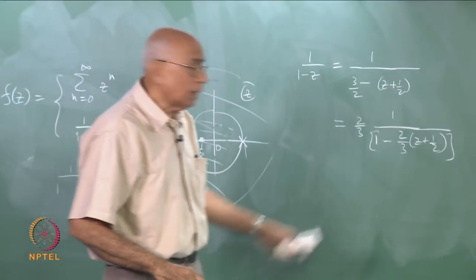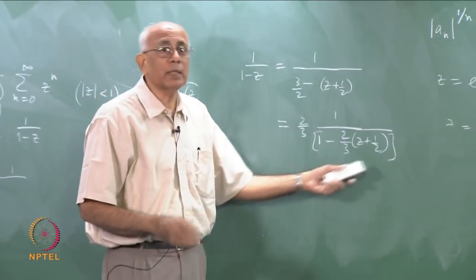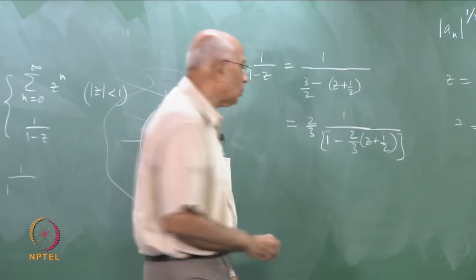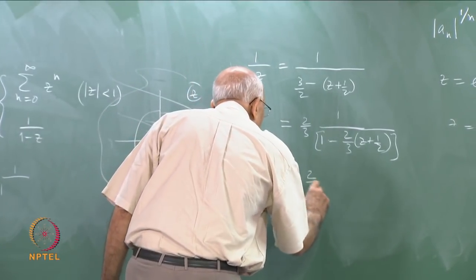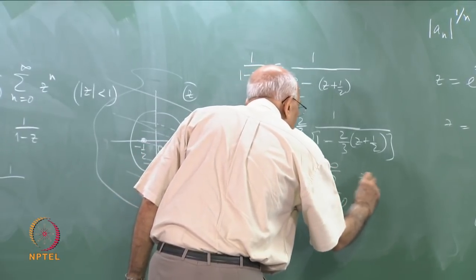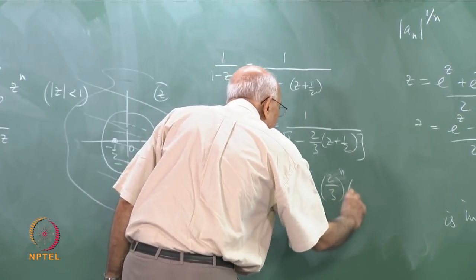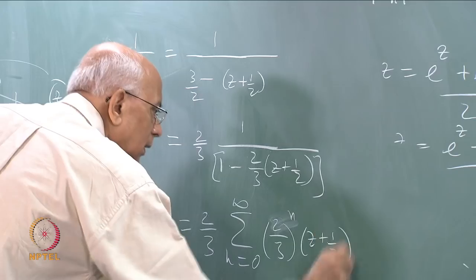And this I can write back as a binomial series as long as the argument is less than 1. So I could write this as 2/3 summation n equal to 0 to infinity 2/3 to the power n z plus half to the power n.